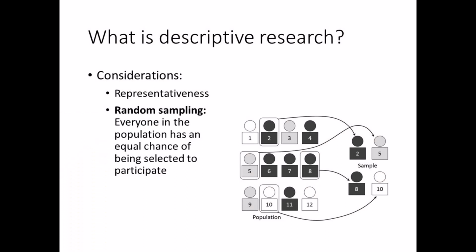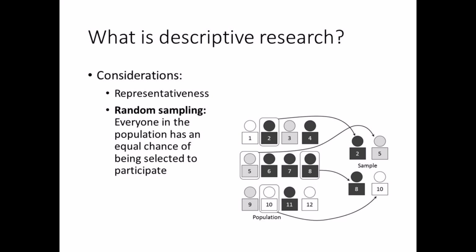Representativeness is yet another consideration. It's impossible to observe or survey every single person in the population of interest, so researchers measure a smaller sample of people. But how they identify that sample makes a difference. The goal is to identify a representative sample, one that accurately represents the population.